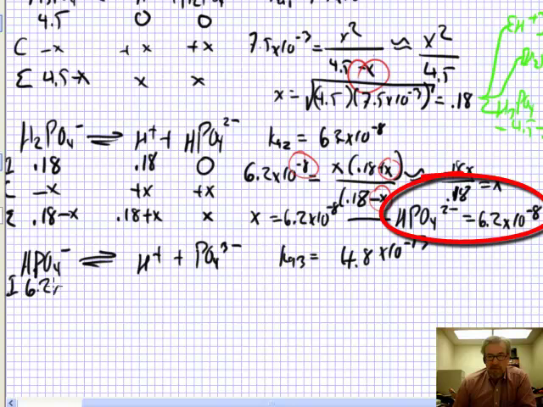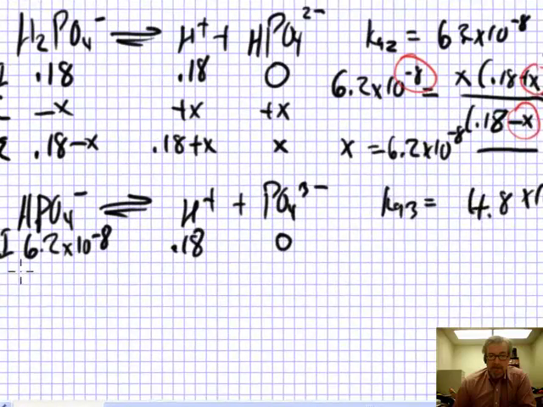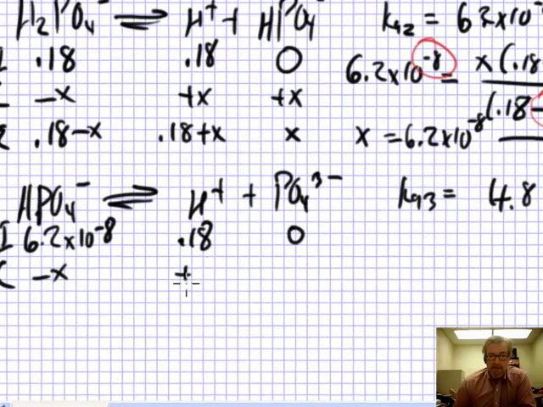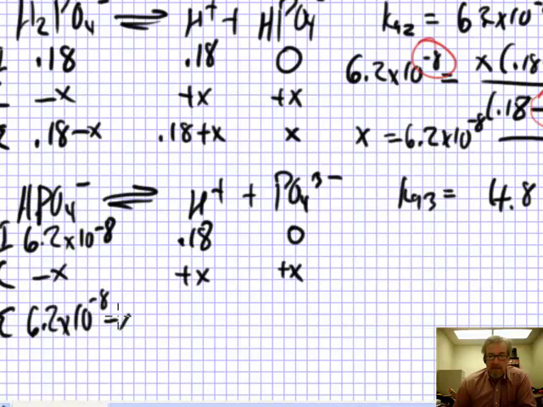The initial concentration of H plus, well, it's 0.18. The initial concentration of PO4 3 minus, there isn't any yet. The change is 1 to 1 again. At equilibrium then, we have 6.2 times 10 to the minus 8th minus x for HPO4 2 minus, 0.18 plus x for H plus, and x for PO4 3 minus.